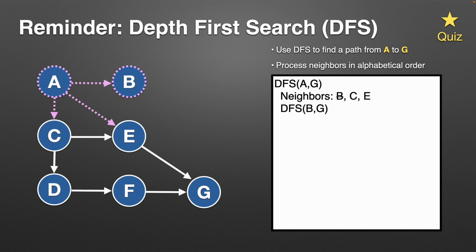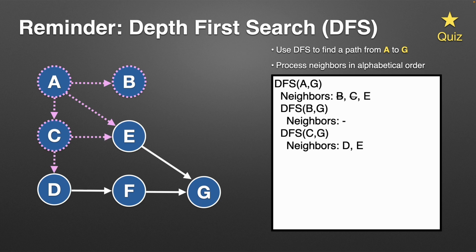I've specified that I'm going to process the neighbors in alphabetical order. When you're implementing this, you may do that, or you may just do whatever naturally comes first. But for this purpose, we'll do it in alphabetical order. So I got B, C, and E. I'll do B first. And on B, B doesn't have any neighbors. So then I'll come back up and do C.